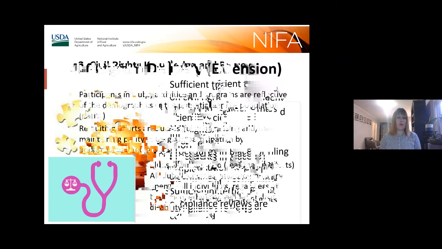If there is segregation, you need to be making reasonable efforts to desegregate. So we don't want to see any clubs segregated by race, ethnicity, or gender. And then we want to see that all clubs, activities, and programs are open to all individuals, regardless of their race, ethnicity, gender, and or disability.